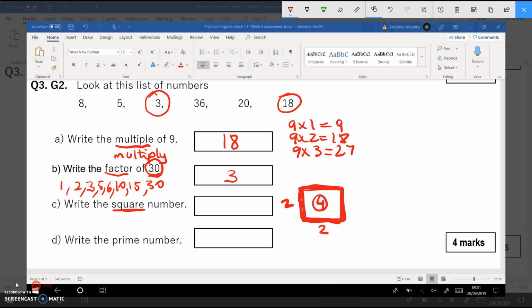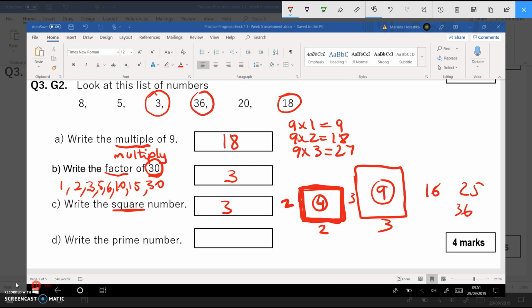So 4 is a square number. If I have 3 meters or 3 centimeters times 3, that's going to be 9. So 9 is another square number. So 4 times 4, that will be 16. 5 times 5 is 25. 6 times 6 is 36. And as you can see, 36 is appearing here. So I'll write 36.